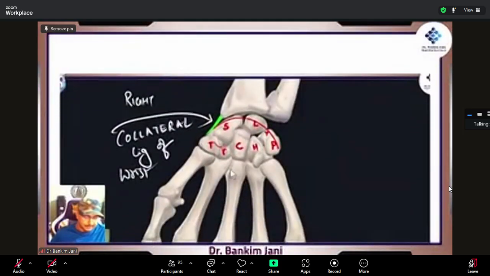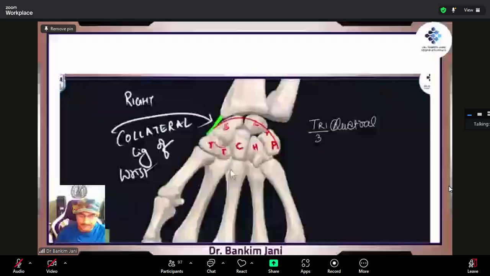Carpal bones, right? So here, say scaphoid, lunate. Then this T was what? Triquetrum. He remembered it like T is tree, right? 3. So then triquetral.